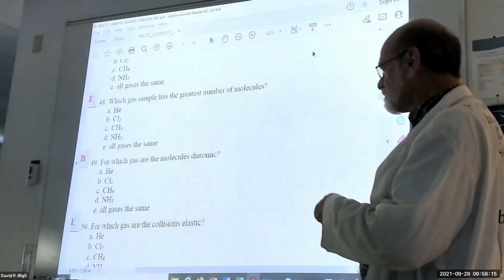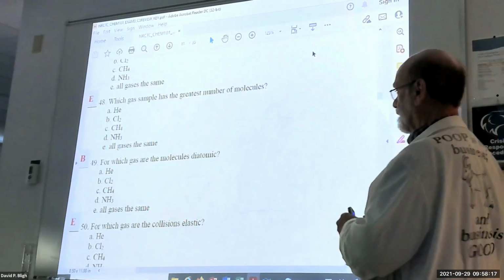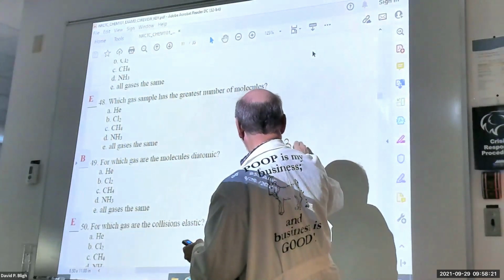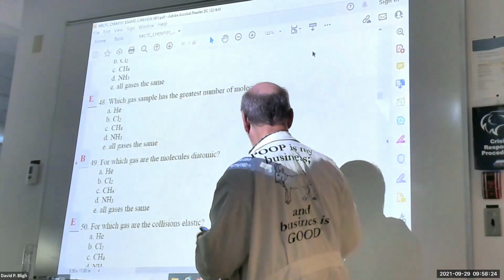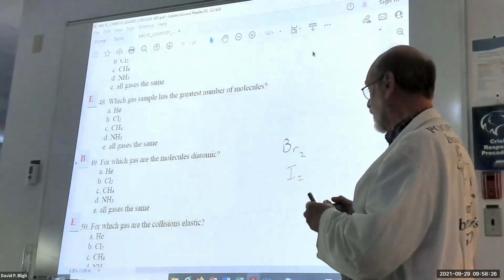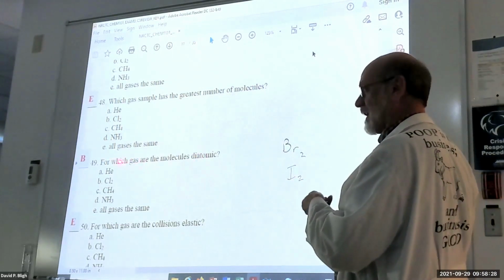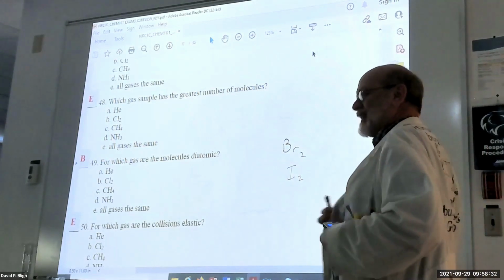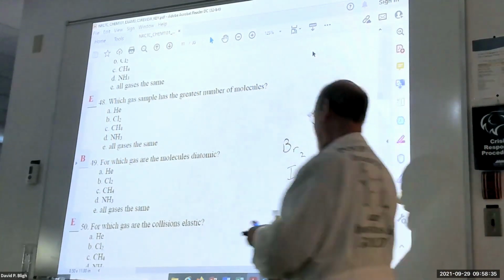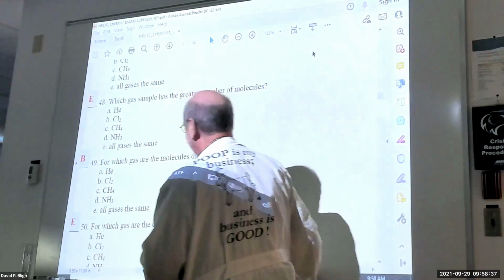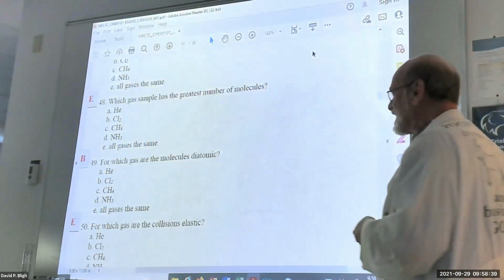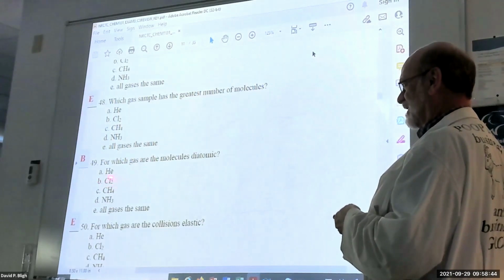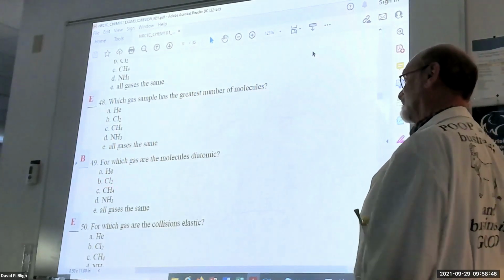So if we had put either one of these in there, they couldn't be the answer. Why? They may be diatomic, but they're not gases. I was about to say that would be evil of me, wouldn't it? So the diatomic gases here, the only one that's diatomic is chlorine. That's SAT levels of trickery.